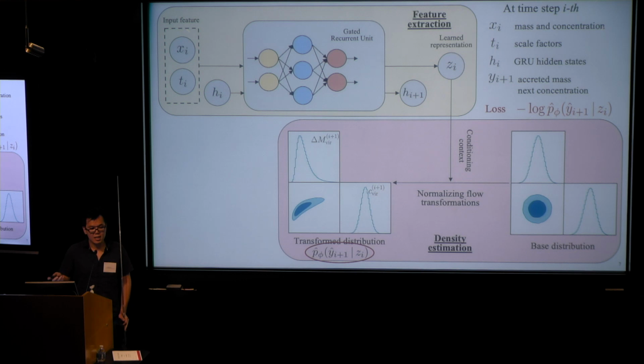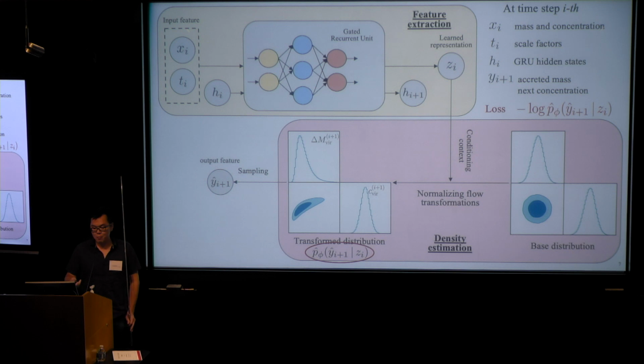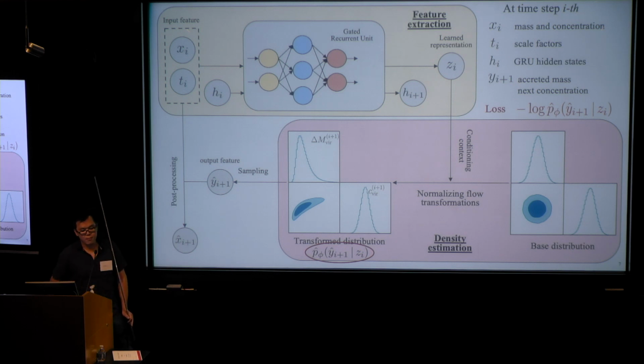During training, I will minimize the loss function, which is the negative log likelihood that I show here. During sampling, you can sample directly from the output of the normalizing flow, from the estimated distribution, and you can modify this output. Because I have accreted mass here, I convert the accreted mass into the mass of the next progenitors in a post-processing phase, and this is the generation phase.